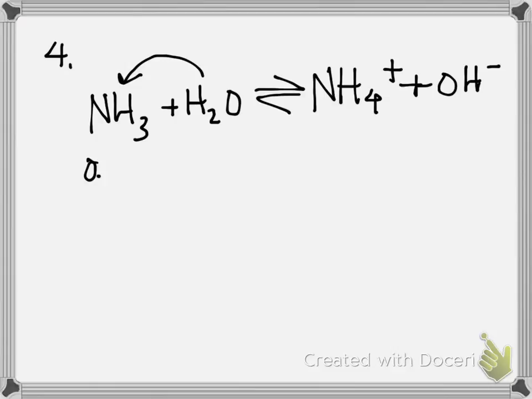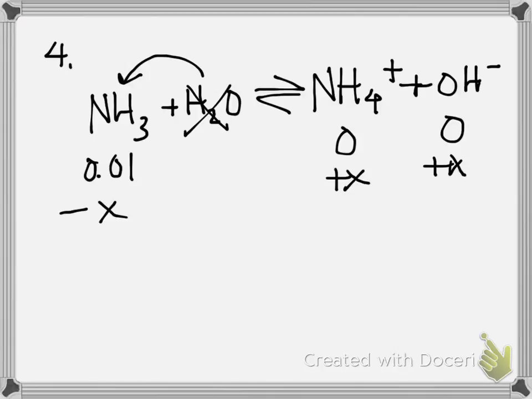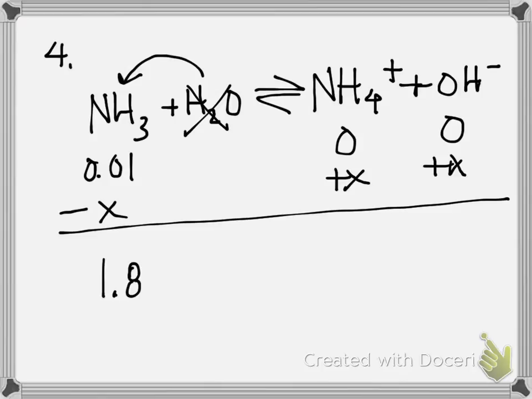The molarity is 0.01. Water is a liquid, not included in equilibrium. Minus x, plus x, plus x. Nothing is any different. 1.8 times 10 to the negative fifth equals x squared over 0.01.